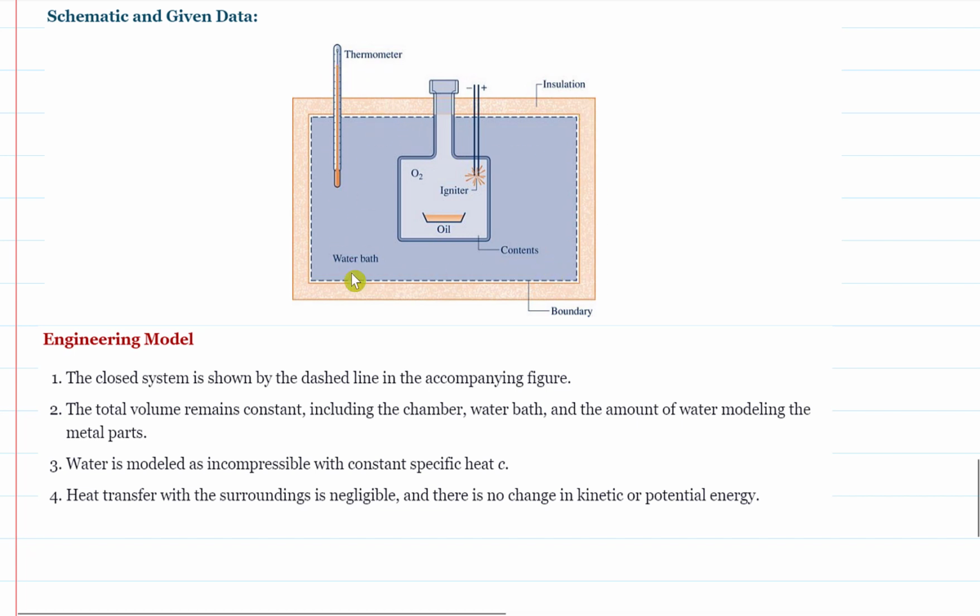There is no volume change. Water is modeled as incompressible with constant specific heat. Heat transfer with the surroundings is negligible since it's well insulated. There is no change in kinetic or potential energy. The system is stationary.